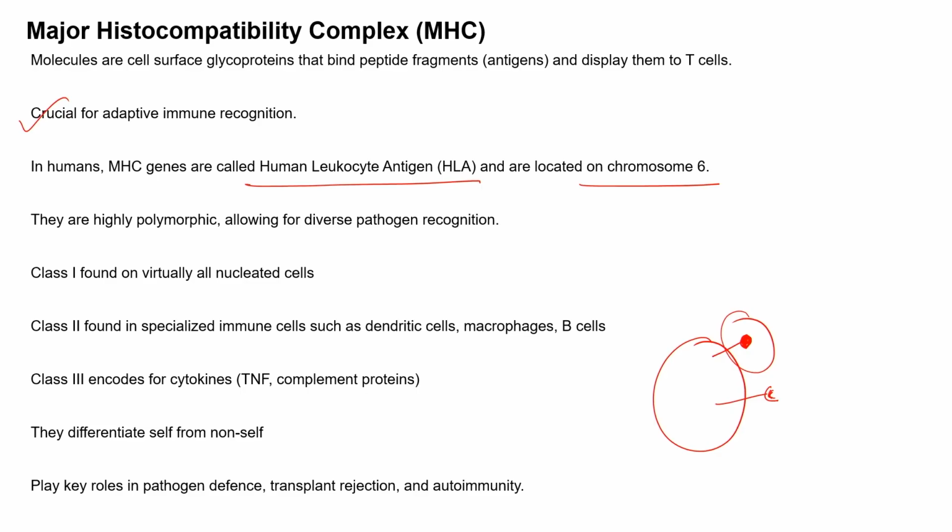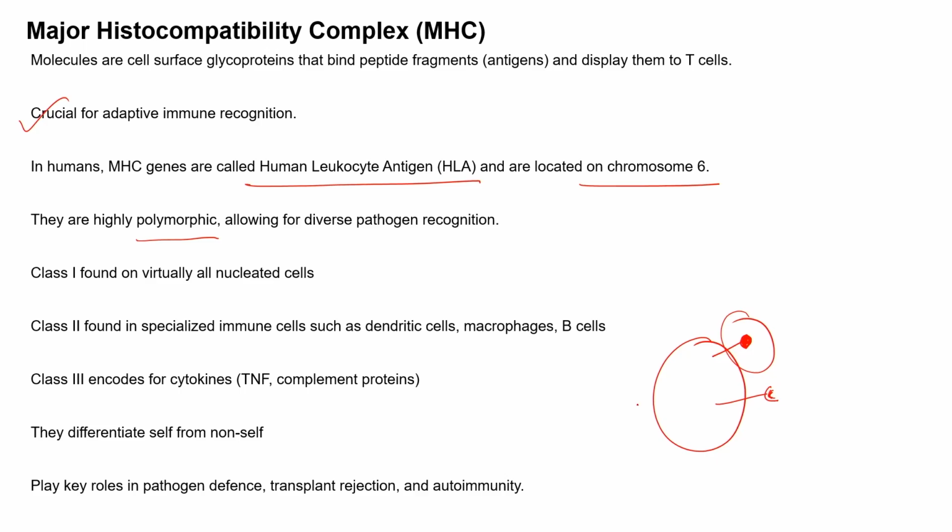They are very dynamic molecules, again like antibodies. We have discussed the VDJ recombination. Here also a lot of recombination is happening in the MHC molecule, and therefore these are highly polymorphic in nature. They can process a variety of pathogens for recognition through the antibody by different immune cells.